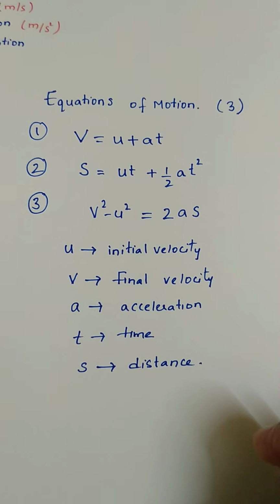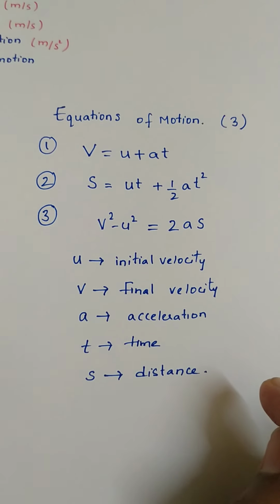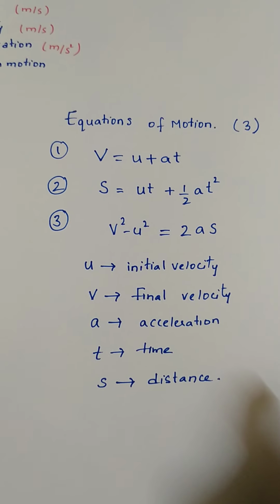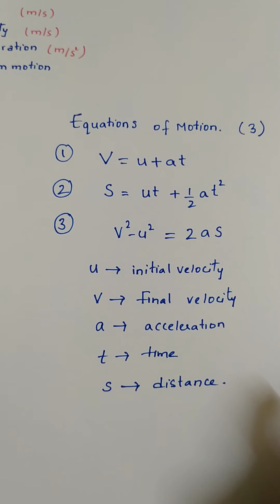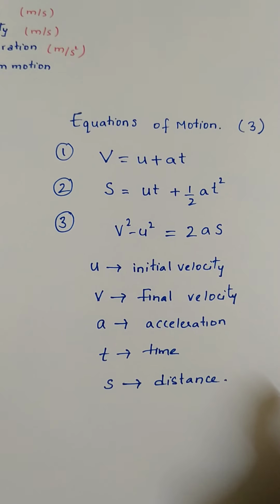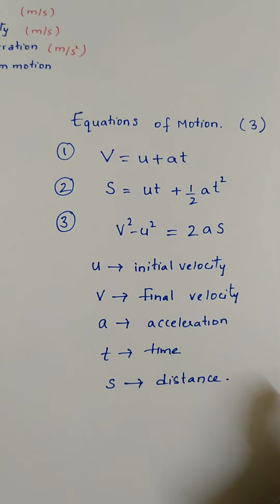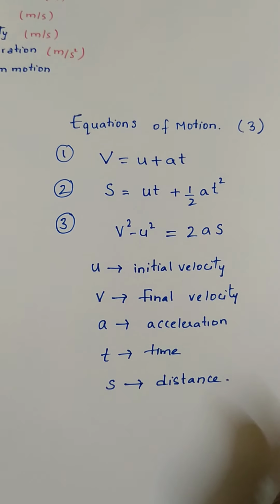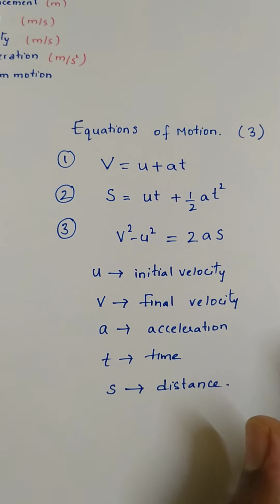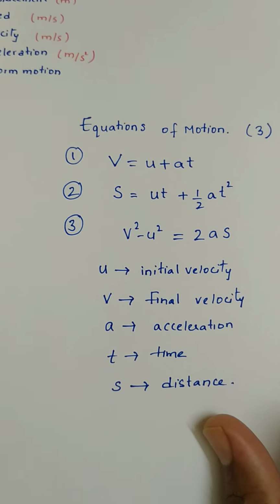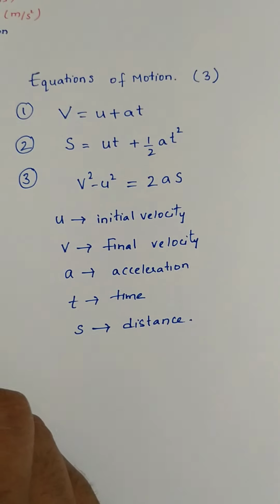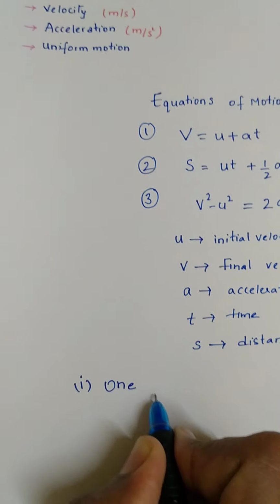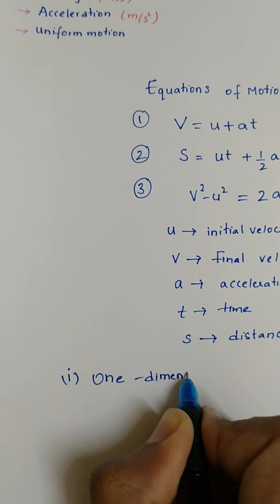Now before understanding them in a more detailed way, we should understand that these equations of motion can be applied only when these two conditions are satisfied. We assume that the object is following these two conditions, and then only we apply the equations of motion. The first thing being that it should be one dimensional motion.